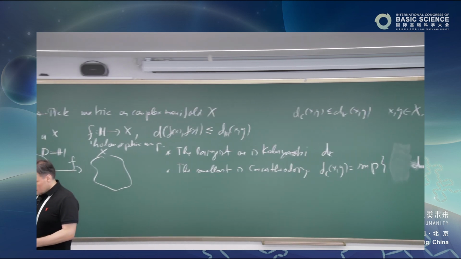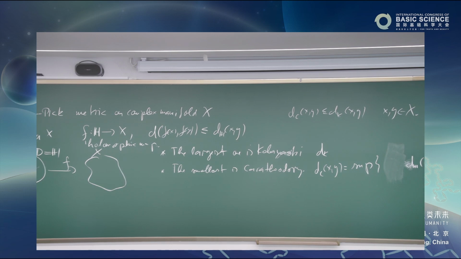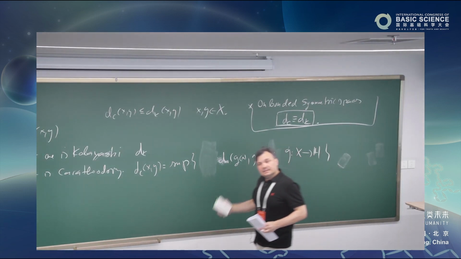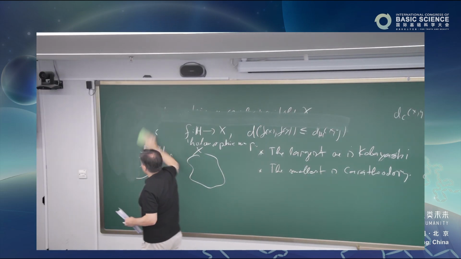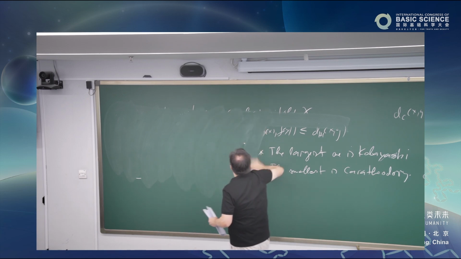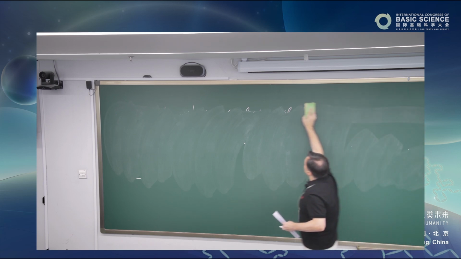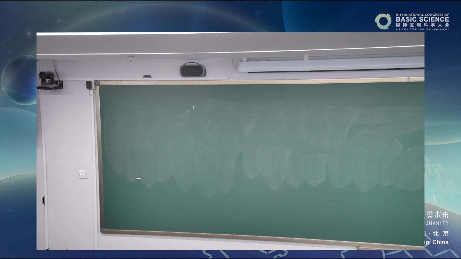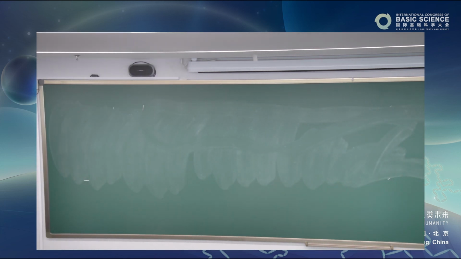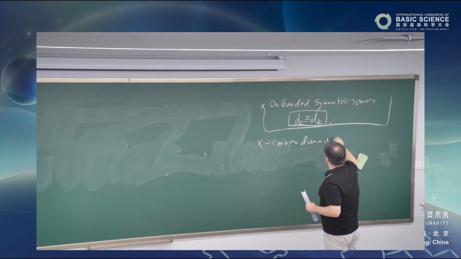Okay. So after Kobayashi's result, which was somewhere in the 50s or 60s, the next very notable result was one of Laszlo Lempert, who proved that the same is true on convex domains in Cn.